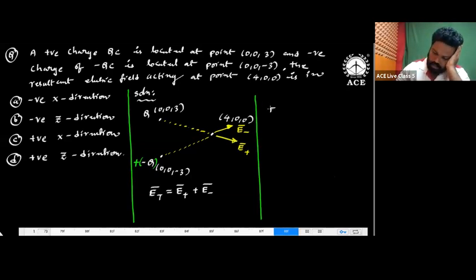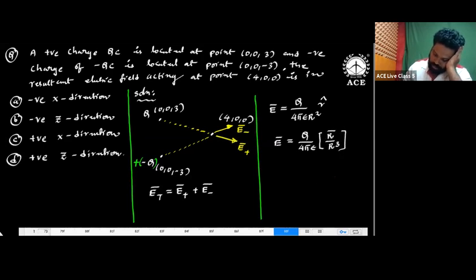E is equal to Q by 4 pi epsilon R square into R cap, or E is equal to Q by 4 pi epsilon, vector by its magnitude cube, beta. Let me turn the page here. So what is the electric field here?